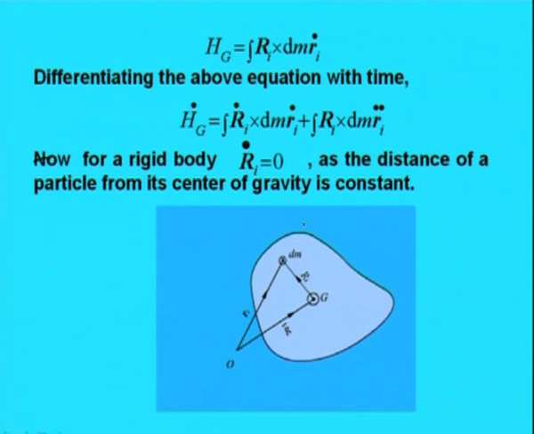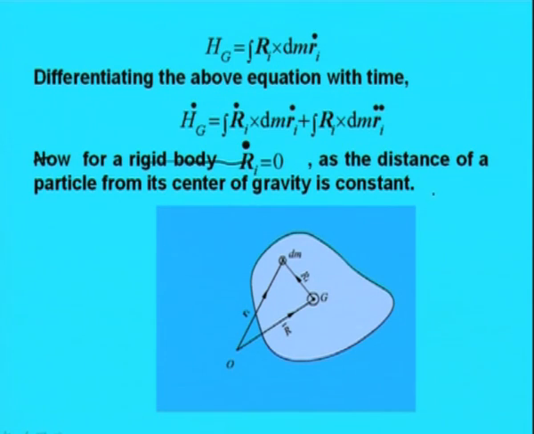However, if the body is doing rotation, in that case Ri dot need not be 0, but it can be very easily shown that this first term, that means Ri dot cross dm ri dot, will be equal to 0 and only the second term will remain.